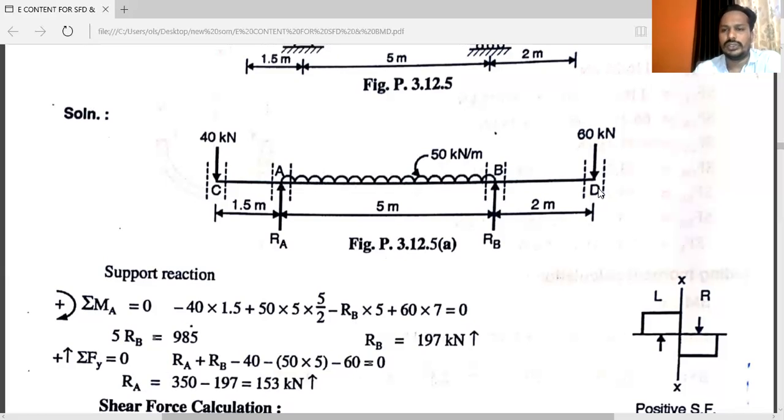Minus 60 kilonewton is acting vertically downward, so minus 60 is equal to 0. Now we have the value of RB, and you will get the value of RA, that is 153 kilonewton.